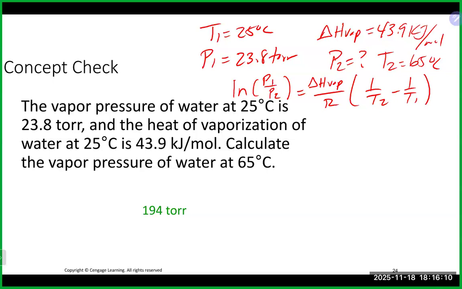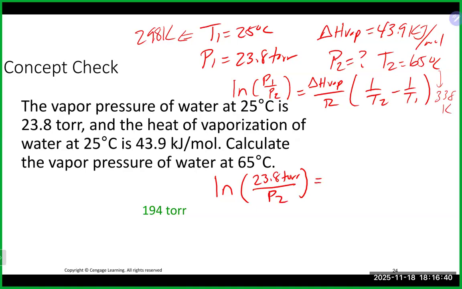So if we calculate that, that's going to give us 298 Kelvin there, and 65 plus 273, 338 Kelvin here. We could actually leave our vapor pressures in torr. Should come out okay. So we'll go natural log of P1, which is 23.8 torr, divided by P2, which is what we're looking for. I'm going to take my delta H of vaporization. I'm going to multiply it by 1,000.